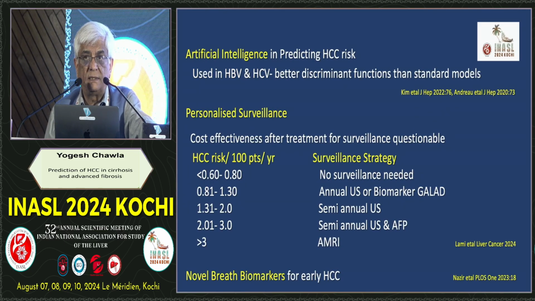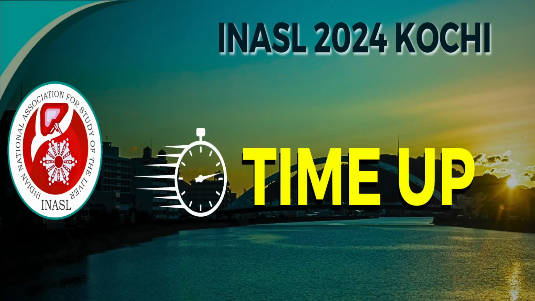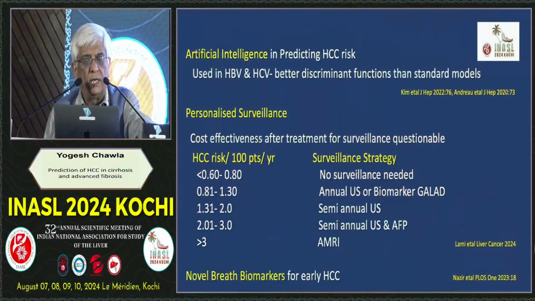Artificial intelligence, as usual, is the in thing, and there are some models being developed, and personalized surveillance has also been discussed. But this particular author mentioned a cost effectiveness after the treatment for surveillance. If the HCC risk is less than 0.6 to 0.8, no surveillance is required.